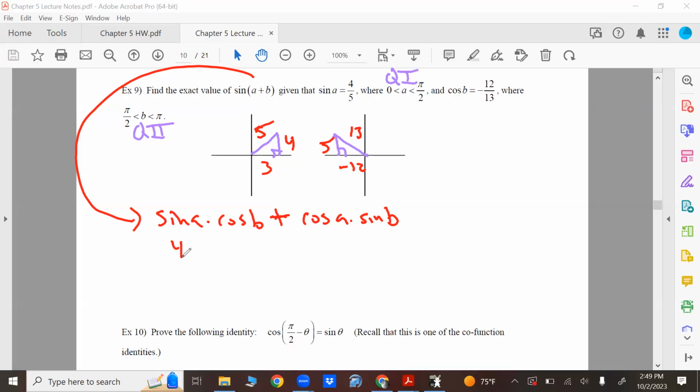Sine of angle A is 4/5. Cosine B is -12/13. No, I lied. Cosine A is 3/5. Sine B is, because this is for A and that's for B, what's sine B? 5/13.